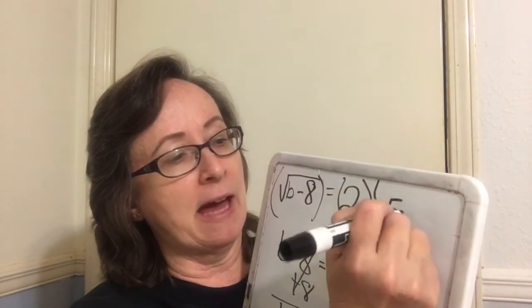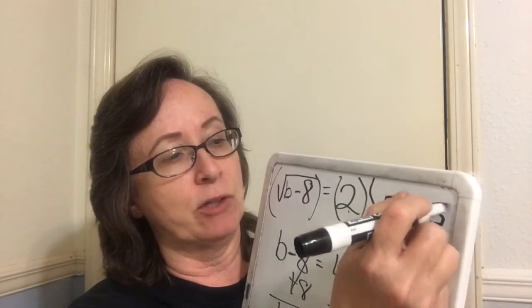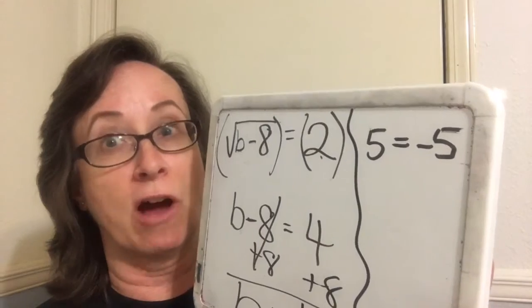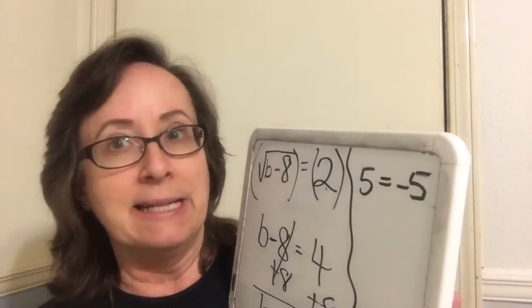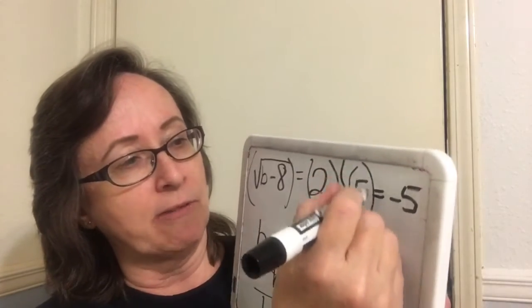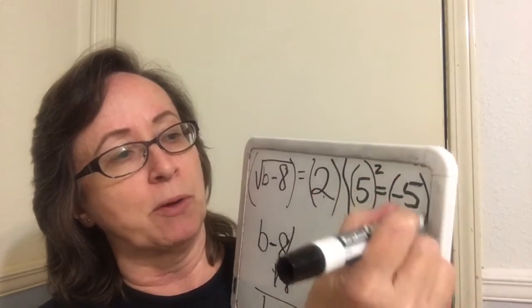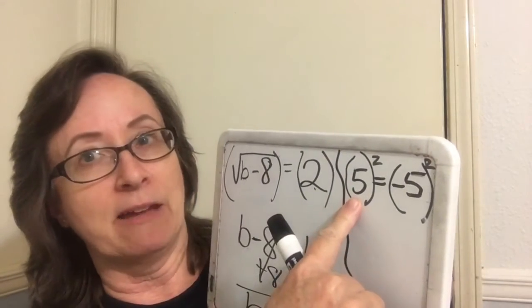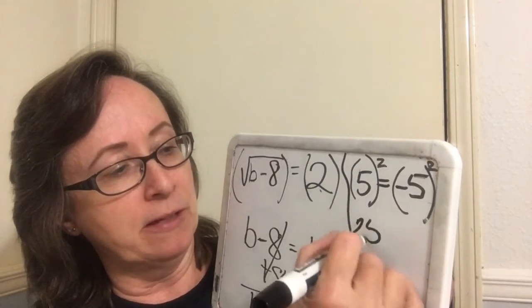I'm going to say that 5 is equal to negative 5. And you're going to say, well, no, Mrs. A, 5 is not equal to negative 5. That is not true. But if I took that not true statement, that false statement, and I squared both sides of that equation, then I get 5 squared is 25.